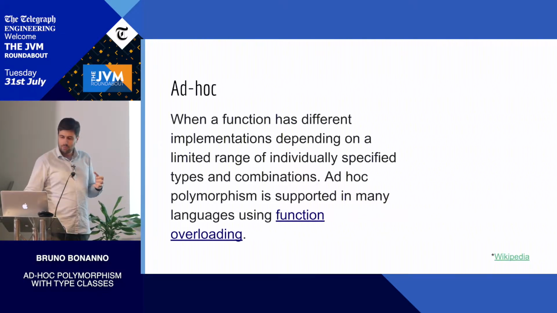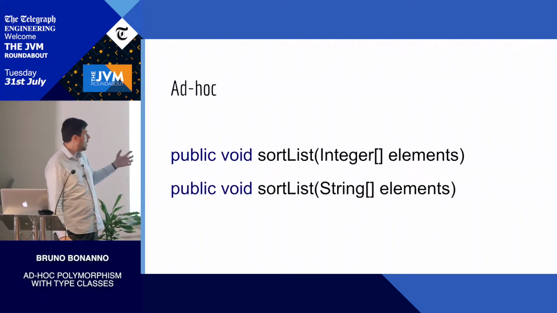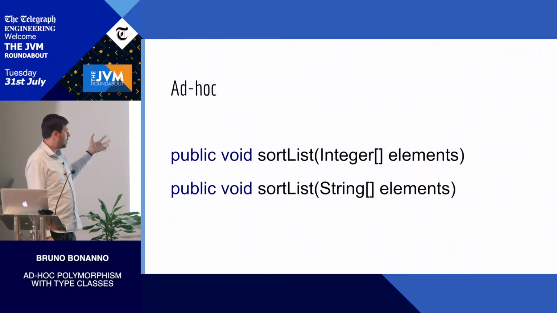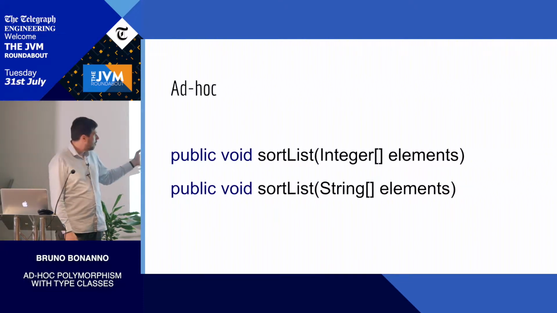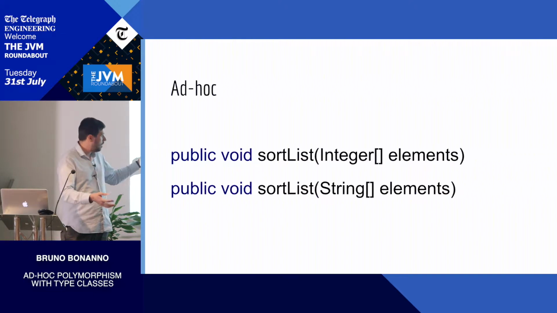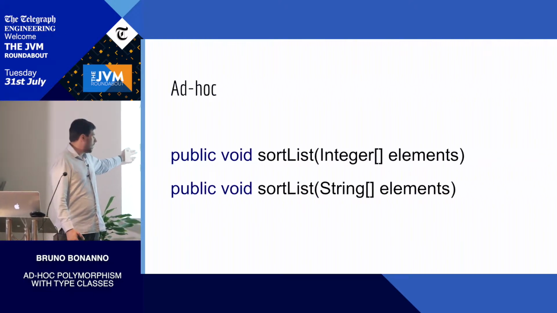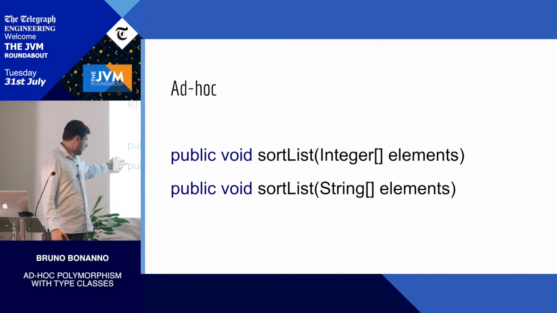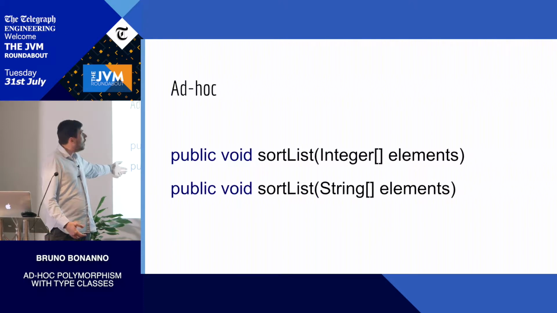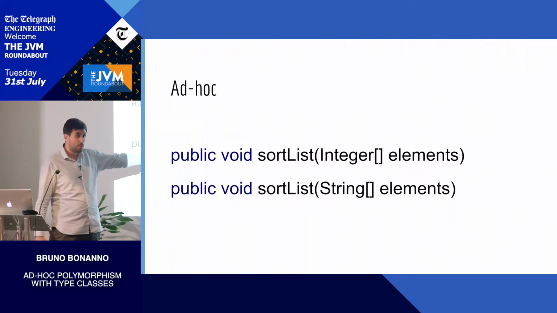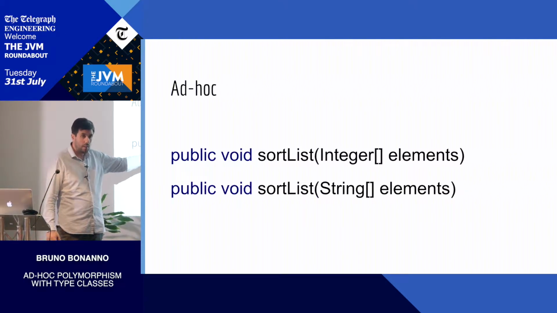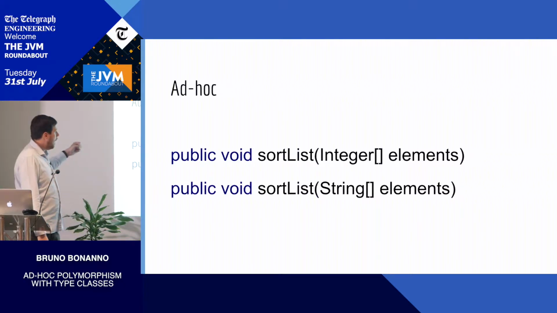So if I have a library that sorts lists or arrays, whatever, and I'm passing an integer, then this method is going to be picked by the compiler. And if I'm passing a list of strings, this one is going to be picked. I didn't use a list on purpose because of type erasure, that wouldn't work with overloading.